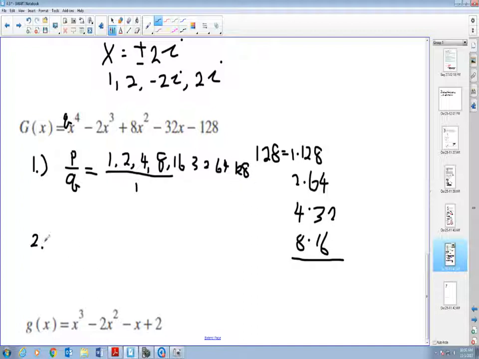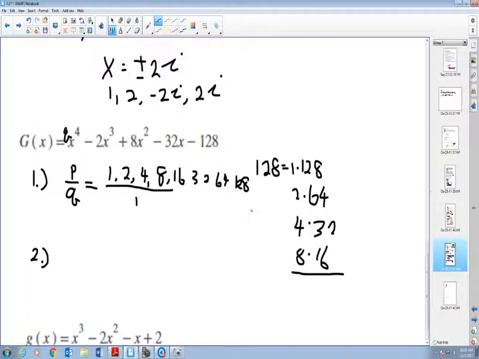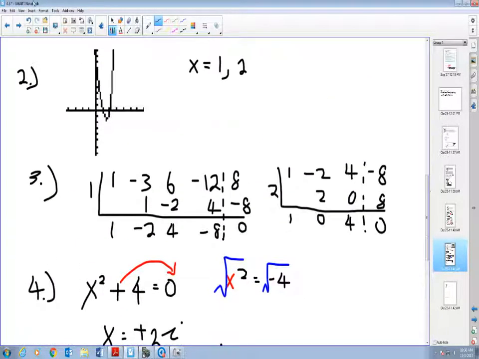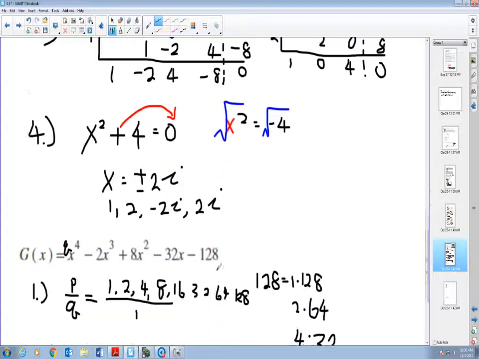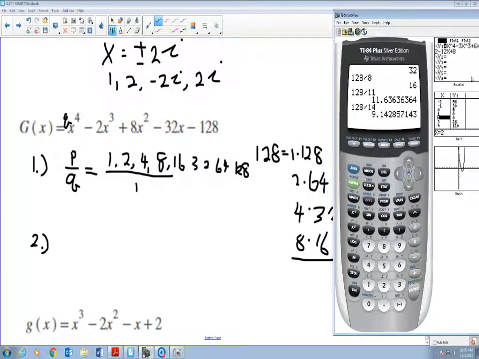All right, let's graph it. So again, x to the fourth power, it will look something like the previous one. Right side goes up, left side goes down. So what I'm really trying to look at here is how many times does my function cross over the x-axis or turn at the x-axis? Plus 8x squared minus 32x minus 128.